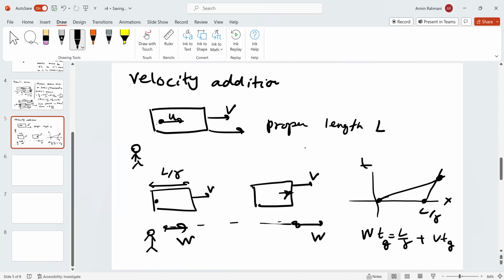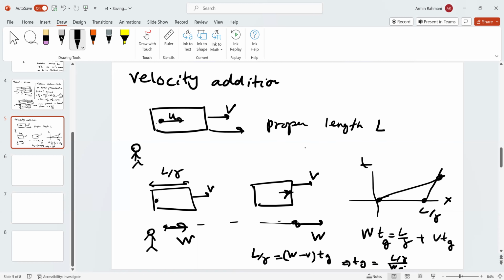So then we find L over gamma is W minus V times Tg, and Tg is L over gamma over W minus V.